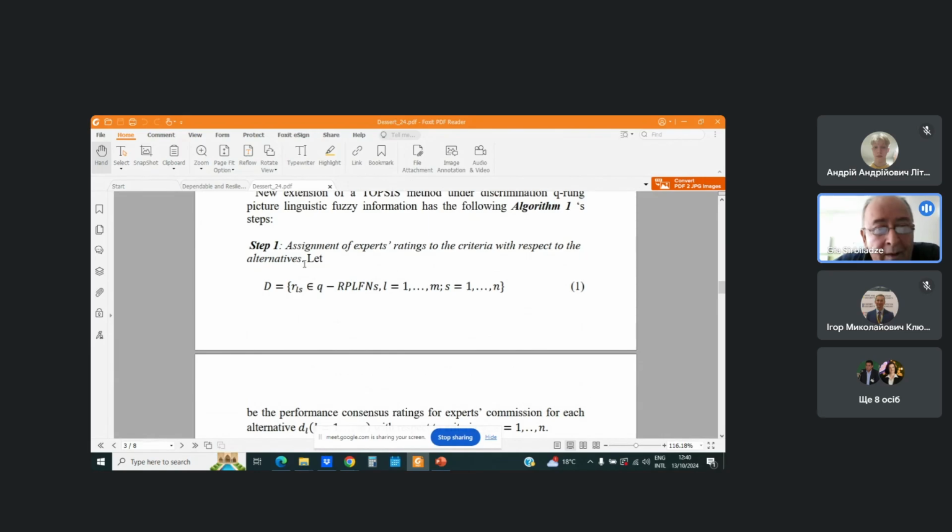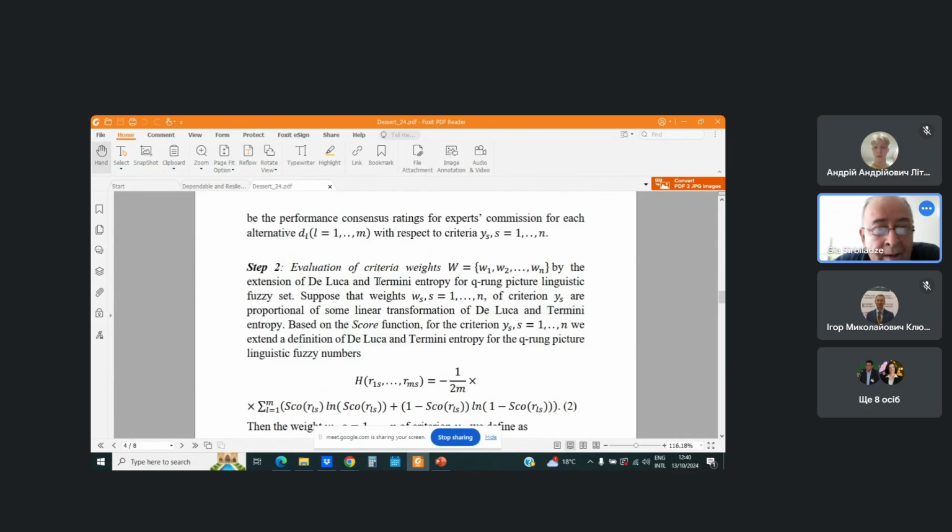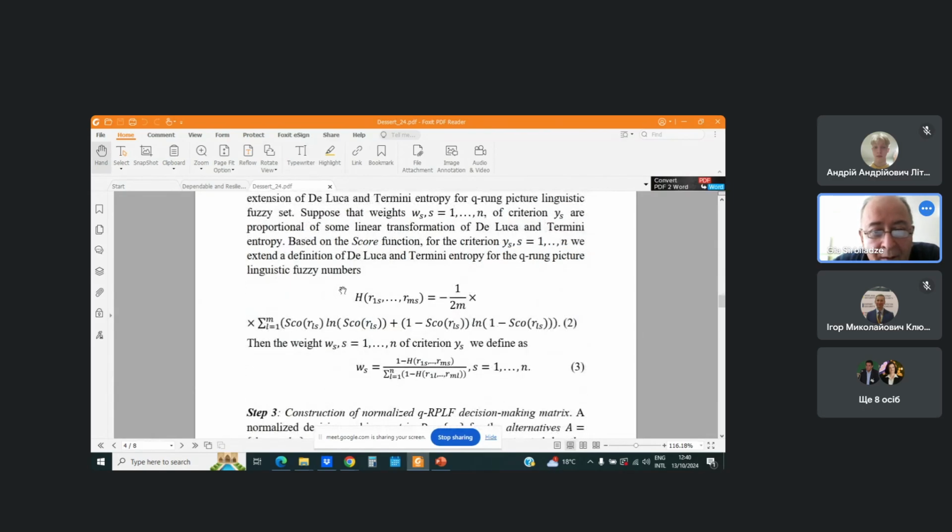In step 1, we assign experts' ratings to the criteria with respect to the alternatives, so we have the decision-making matrix. In the next step, we have to evaluate the criteria weights, and we do it by formula 3, and we use here the De Luca-Termini entropy principle for Q-rank picture linguistic fuzzy numbers.